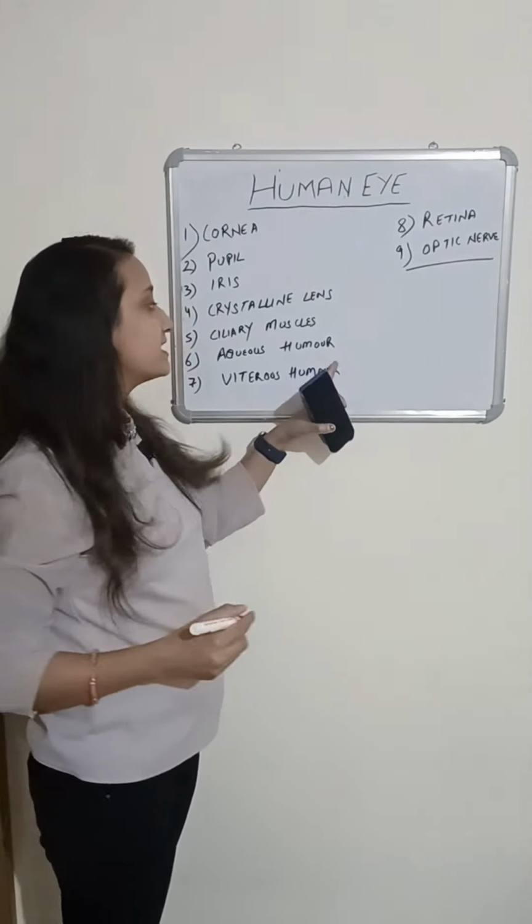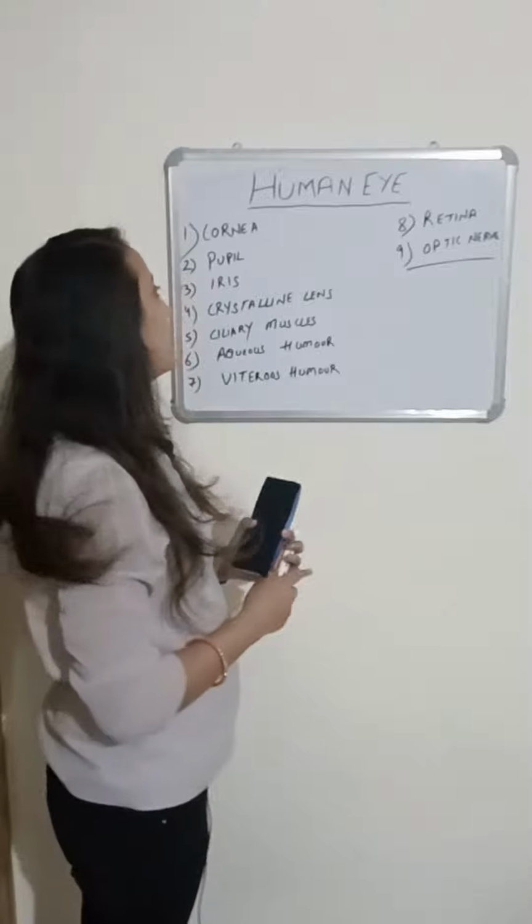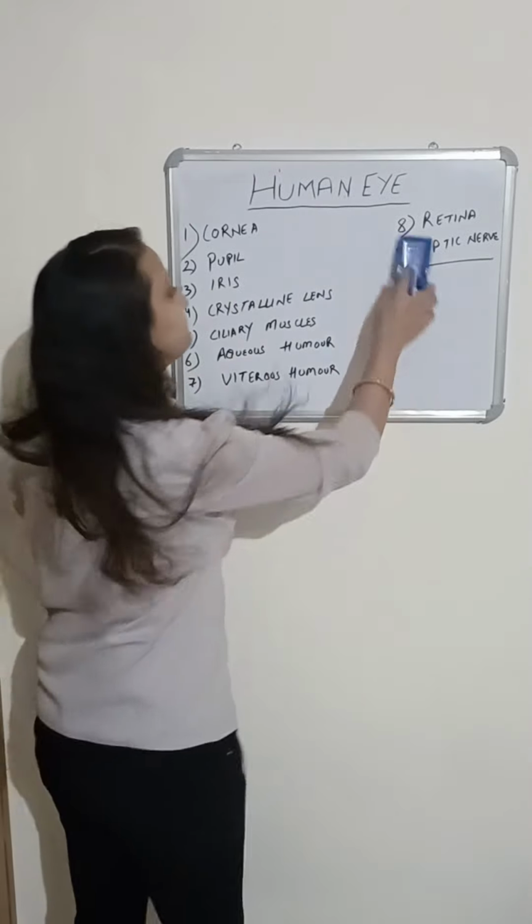These are the main parts of human eye. Now I am going to explain each of these.